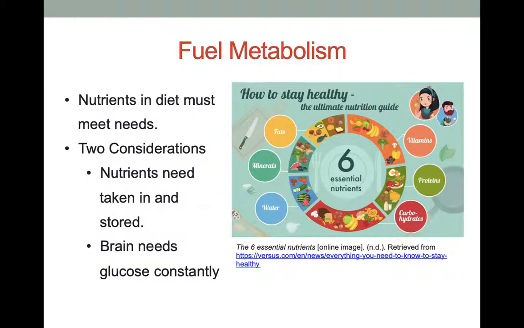The second major consideration is a pretty important one: the brain must have a continuous supply of glucose. It needs it whether we're awake or sleeping, which is why we have to maintain a certain blood glucose level to keep everything running smoothly.